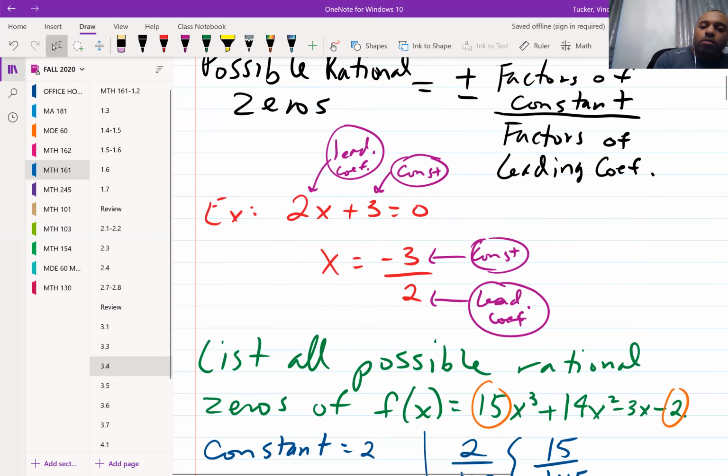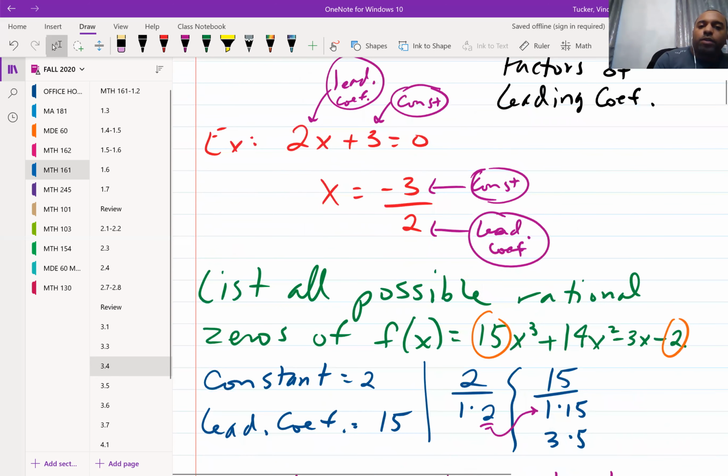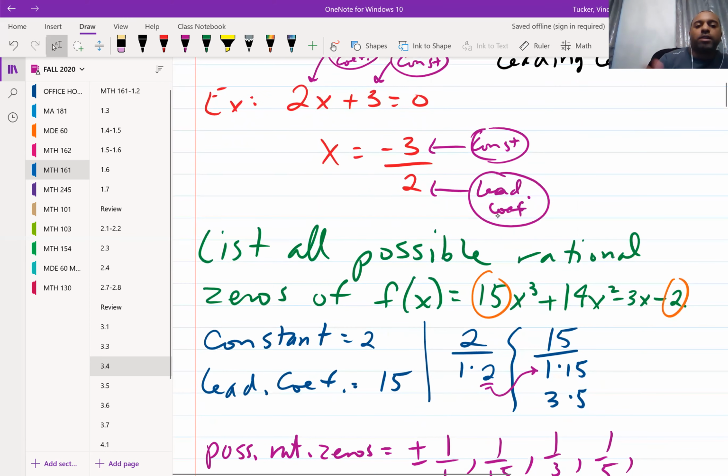All right, the first example asks us to list all possible rational zeros of 15x cubed plus 14x squared minus 3x minus 2.